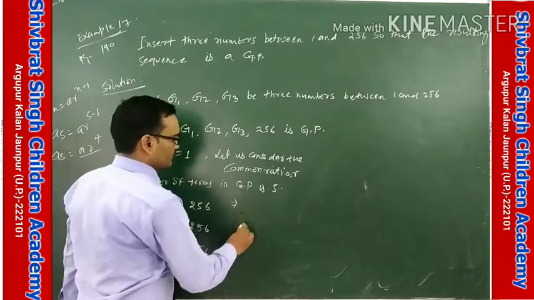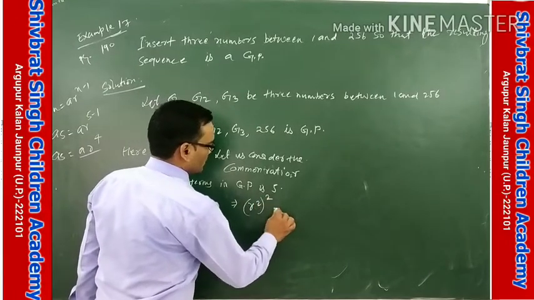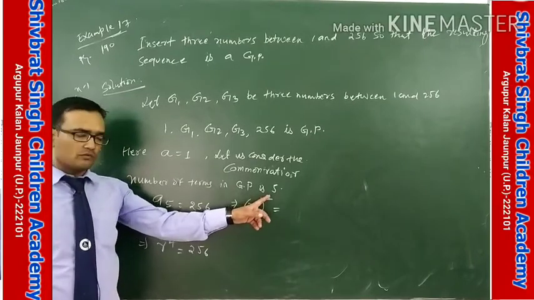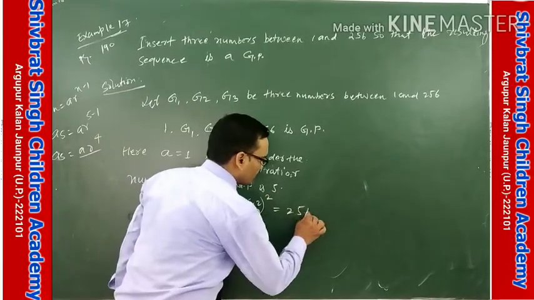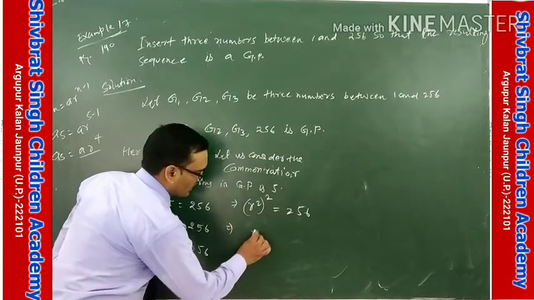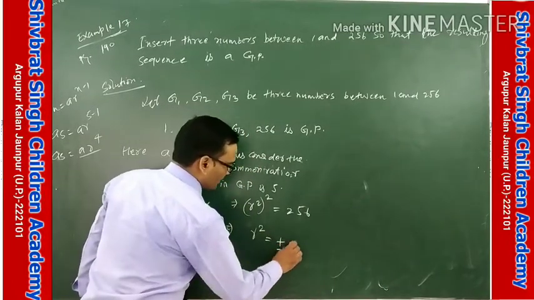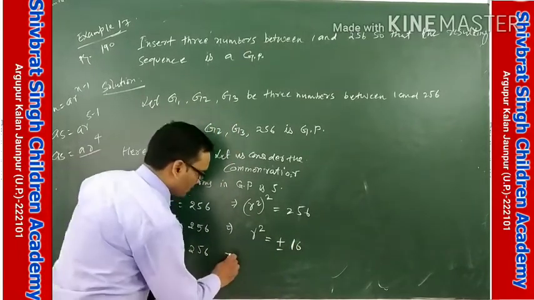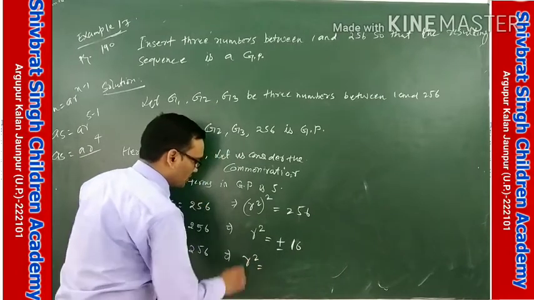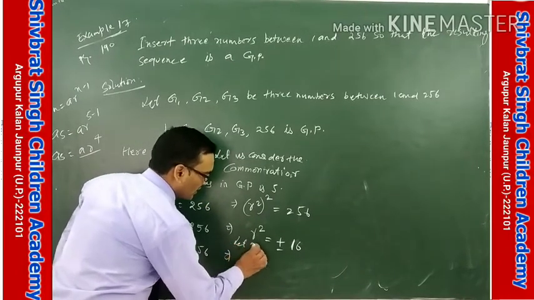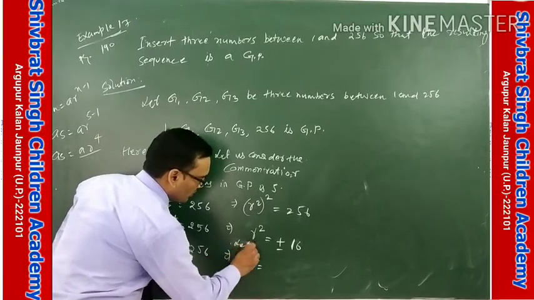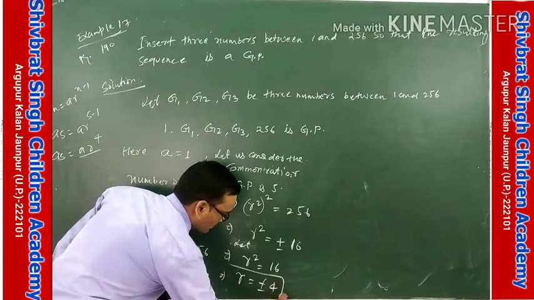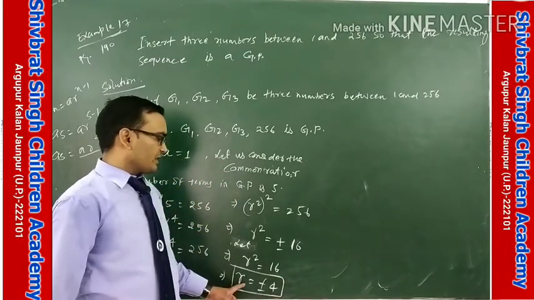This implies that r to the power 4 we can write as r square whole squared, which is 256. This implies that r square equal to plus minus 16. Let r square equal to 16, then the value of r equal to plus minus 4, taking only the real part.